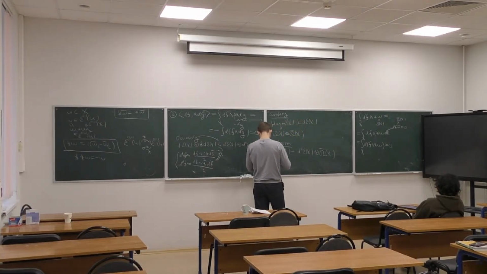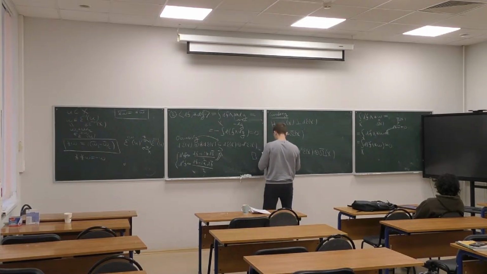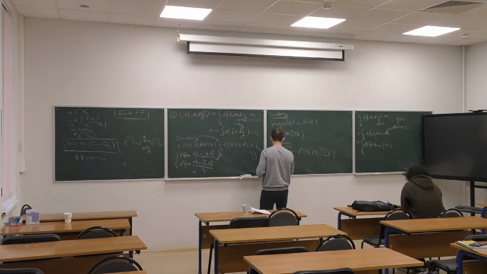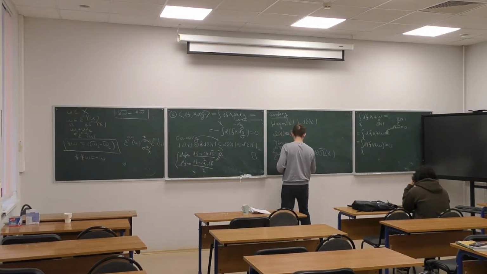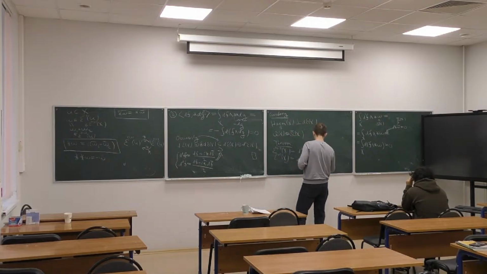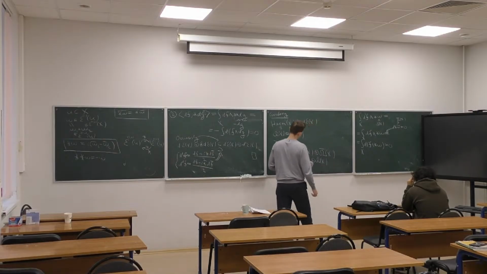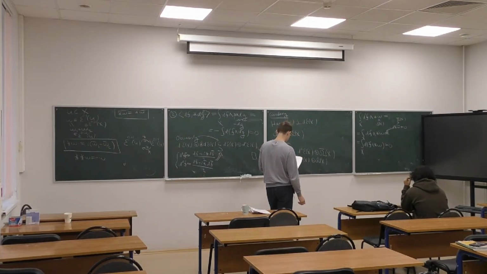A conjugation of this says that forms of type 1,0 equal d prime plus holomorphic forms.